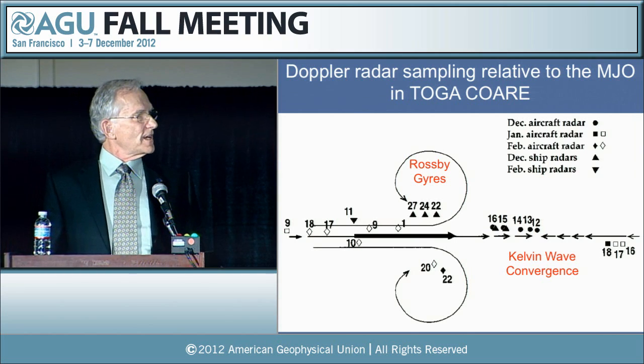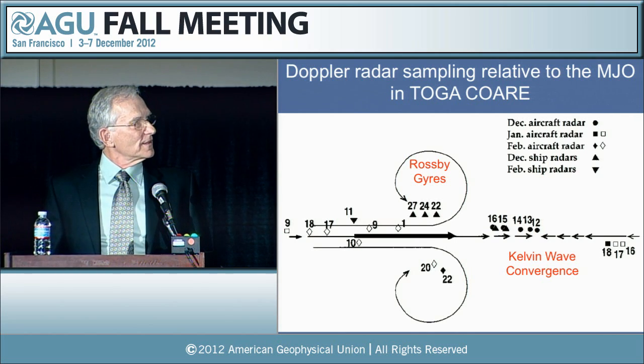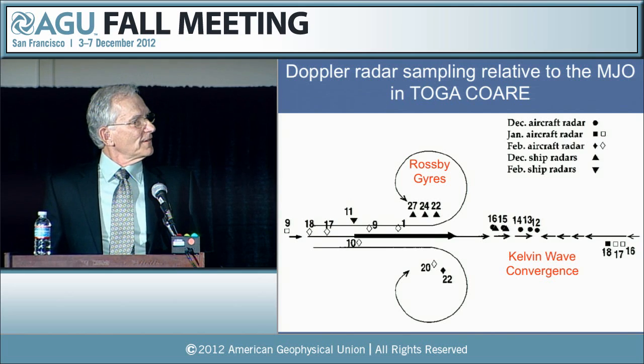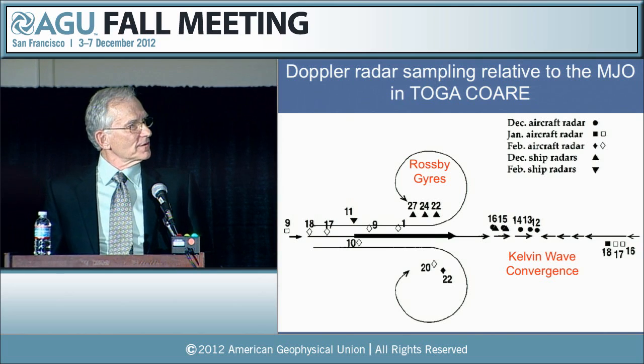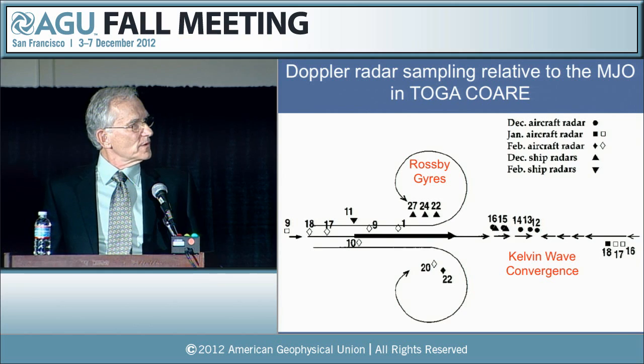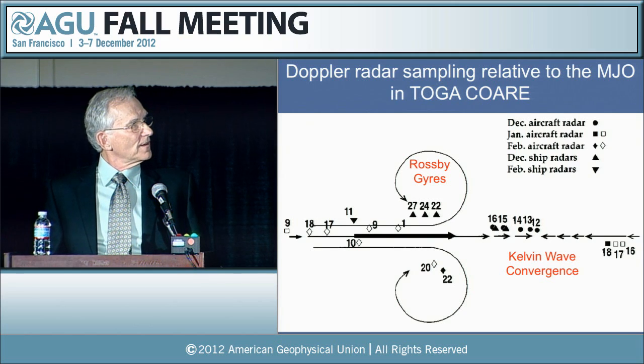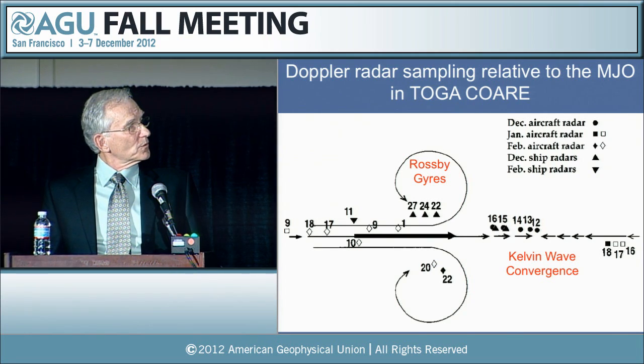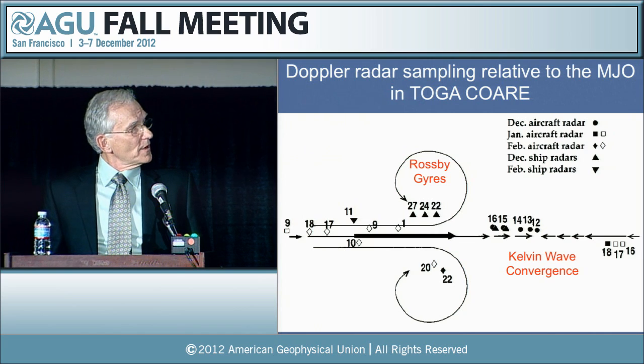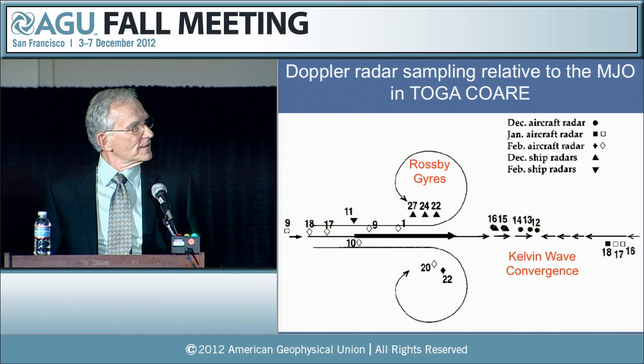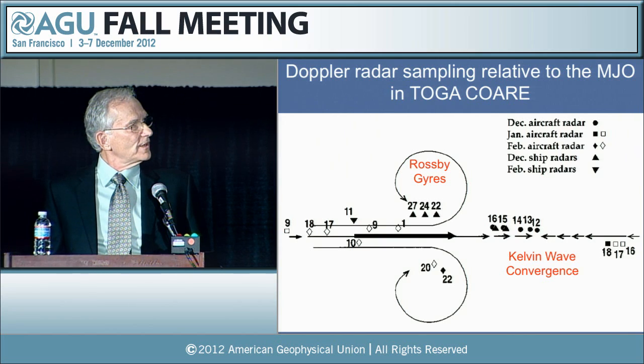This is an idealization of the low-level flow pattern that you would see in a kind of idealized MJO. It's a combination of Kelvin wave, east-west Kelvin wave convergence, and Rossby wave, which produces these counter-rotating cyclonic gyres on either side of the equator.